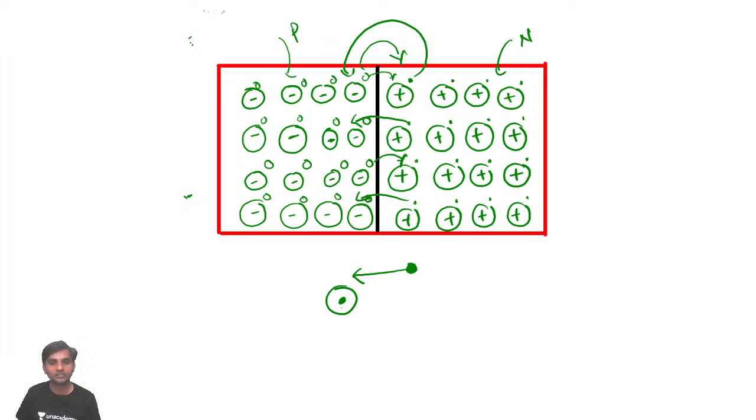This extra electron disappears, and the extra hole disappears here. So that is what it's trying to say.